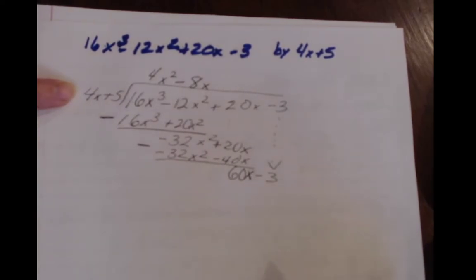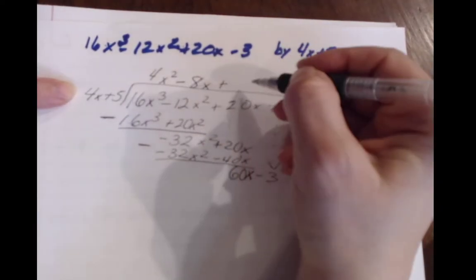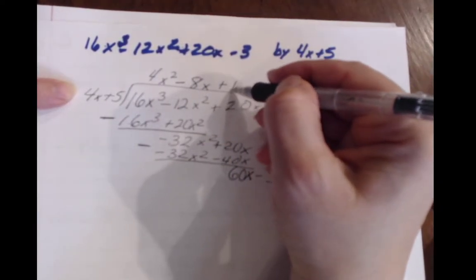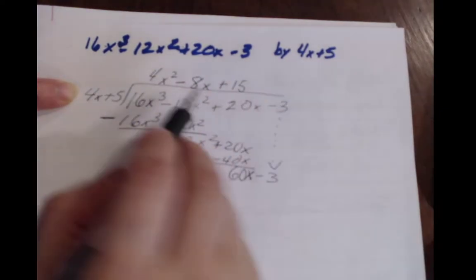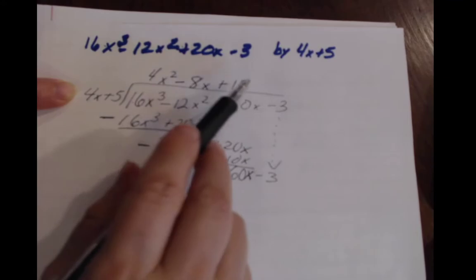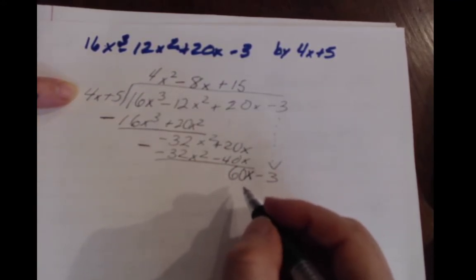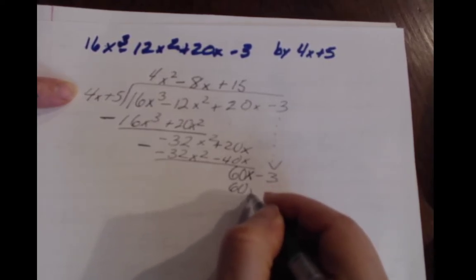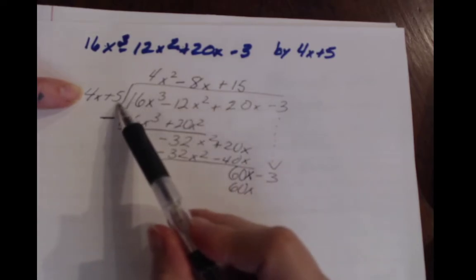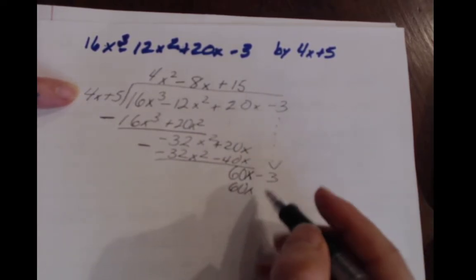That is, 4 times 15 is 60. So I need a positive 15. So up here, I write plus 15 and I multiply that by this and write the answer here. 15 times 4x, 4 15s, that's 2 15s is 30, so 4 is 60x. 15 times 5, 60 plus 15 more is 75.